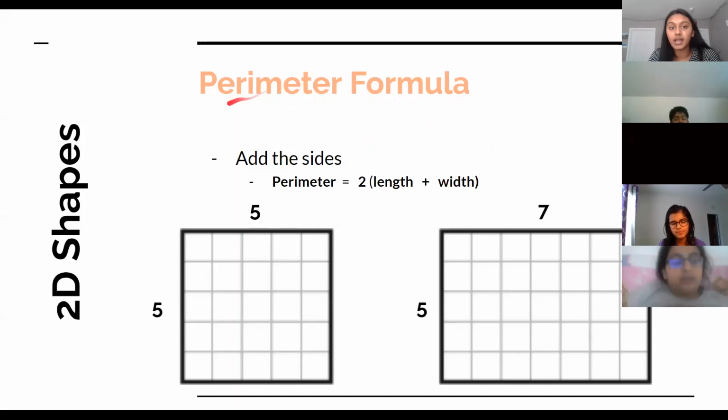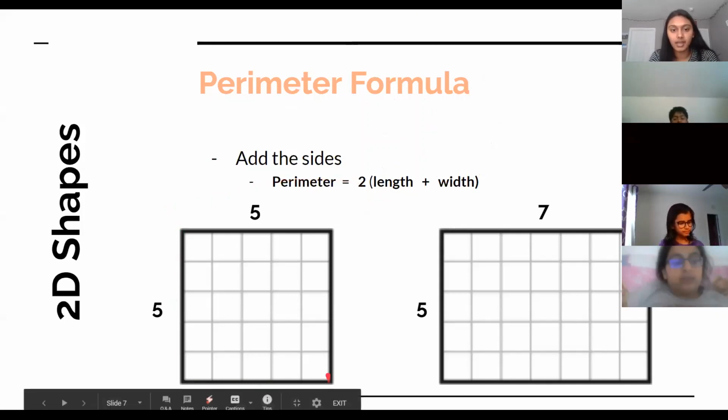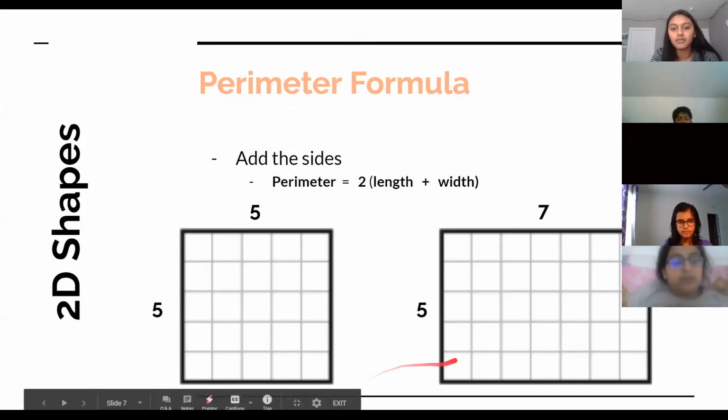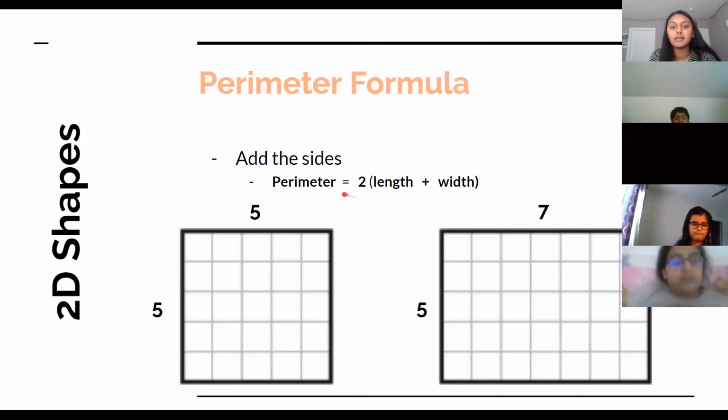So now we're going to find perimeter using a formula. And a formula is an equation that we use, right? So let's look at this square over here. You're really just going to get your perimeter by adding all your sides together, right? And so the perimeter of a rectangle or a square would be to add the length and the width first, and then multiply that by 2.